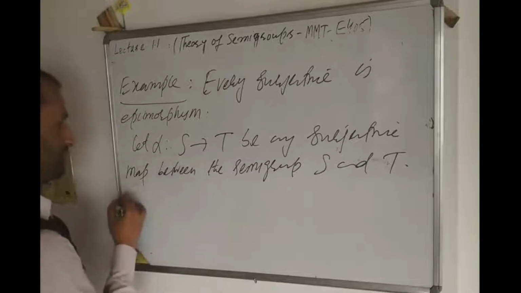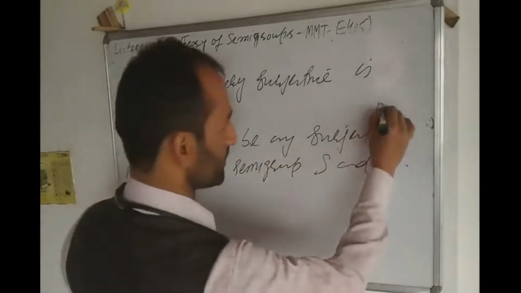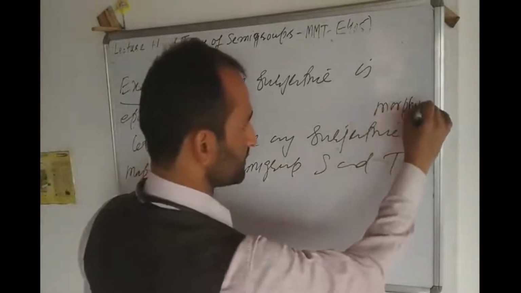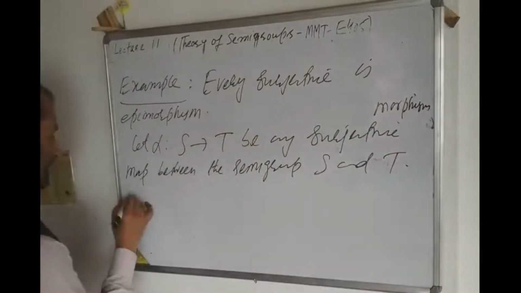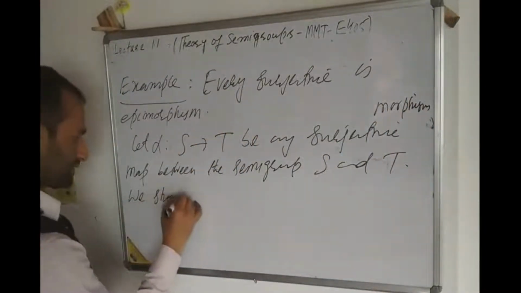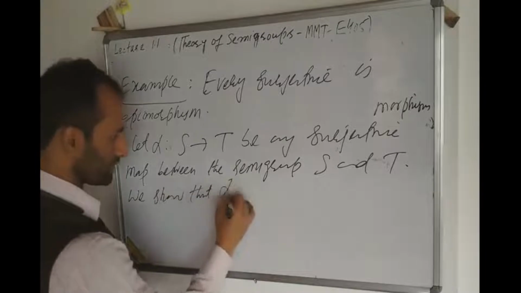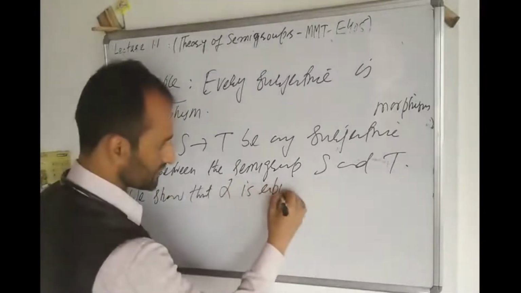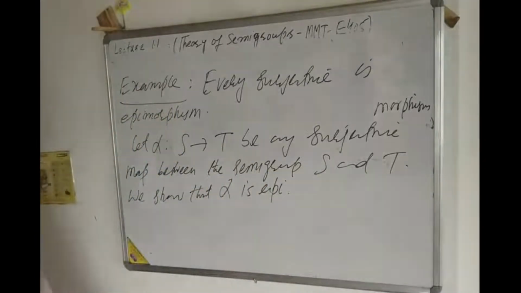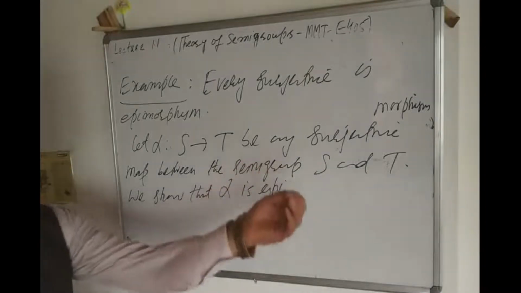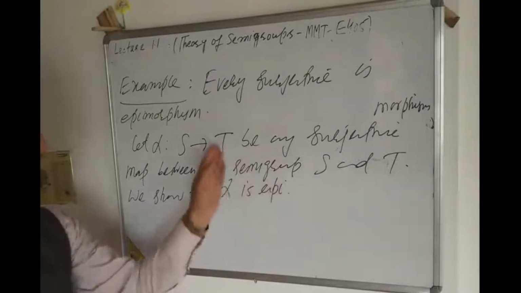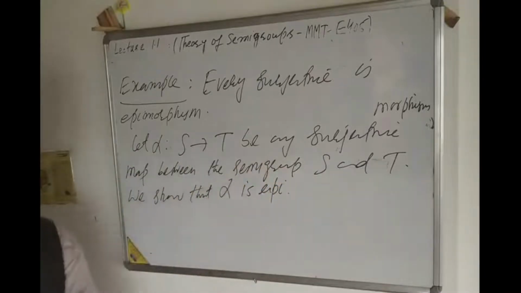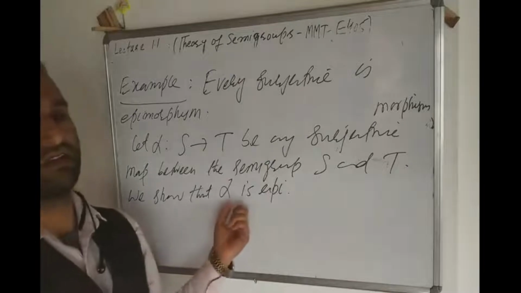Now we show that alpha is an epimorphism. To prove alpha is an epimorphism, we have to take any two morphisms, beta, gamma from T to W, such that the composition is same, alpha beta is equal to alpha gamma. We need to show that beta is equal to gamma.